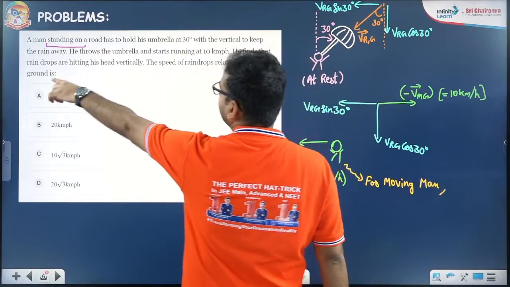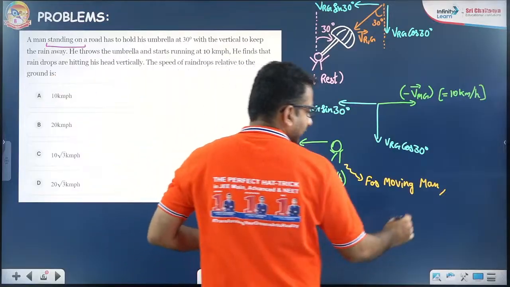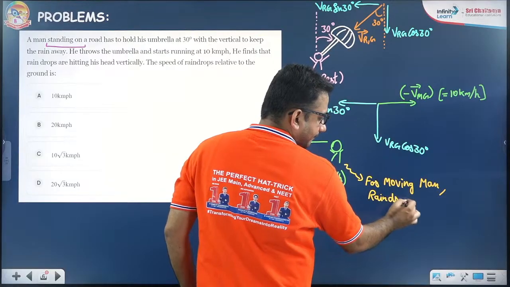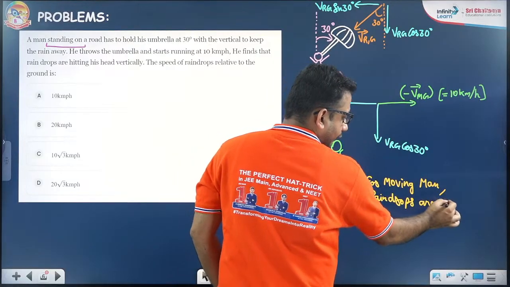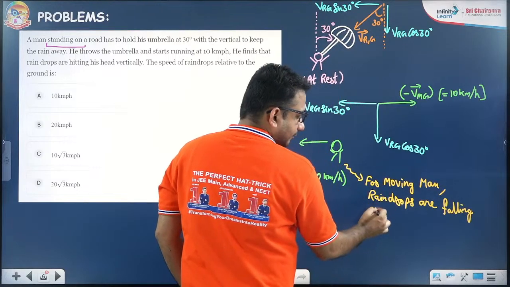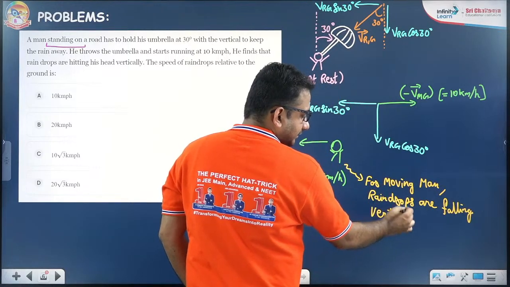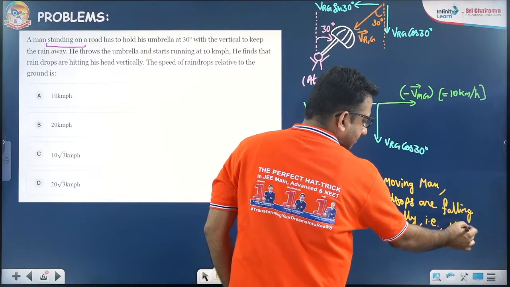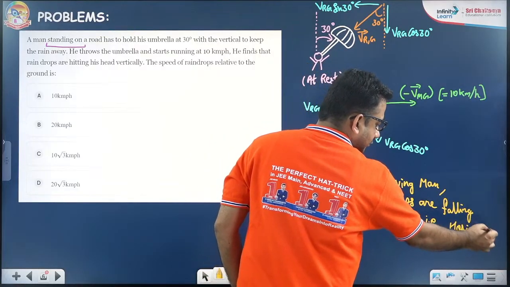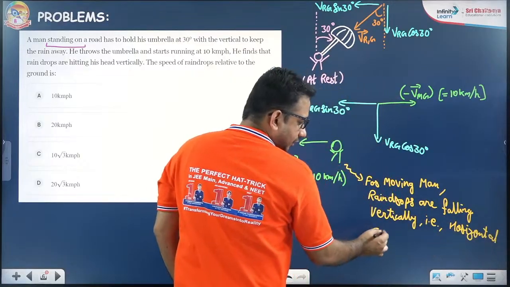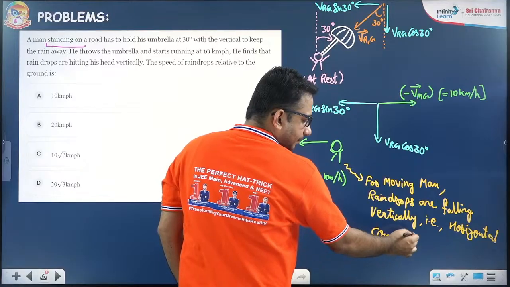He finds that the raindrops are hitting his head vertically. Raindrops are falling vertically for the moving man. Okay, that is, can I say horizontal components must be balanced? Horizontal components of velocity must be balanced.